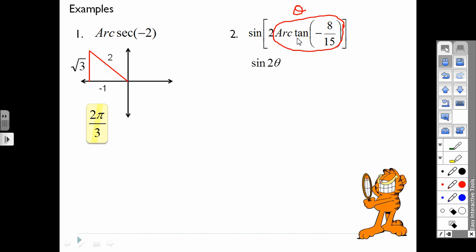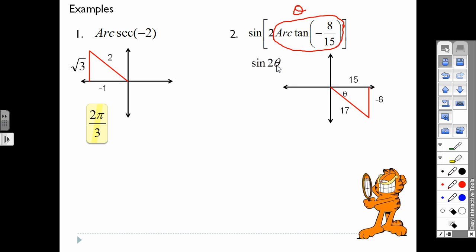Remember, tangent follows the rules of sine, and sine is negative in the 4th quadrant. So we can draw this triangle in, plugging in the -8 and the 15 for opposite and adjacent. Remember, the negative goes with the 8. Calculate the 17.